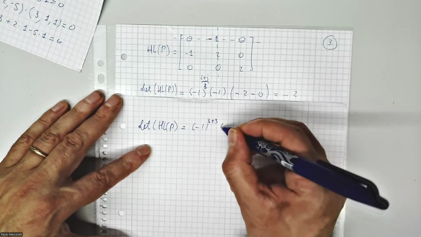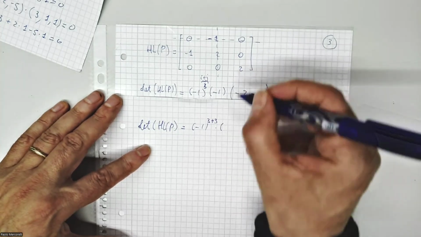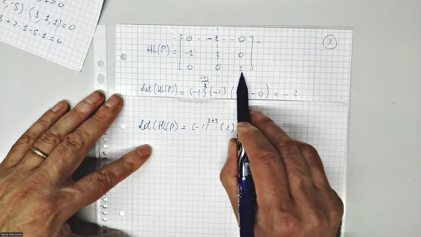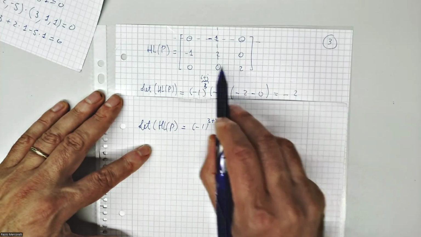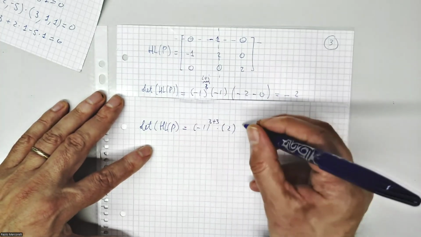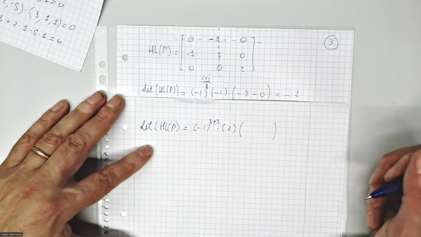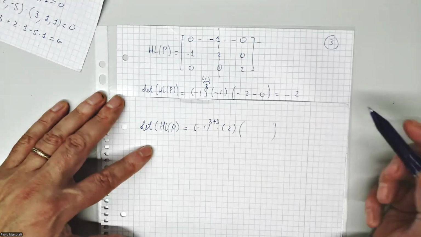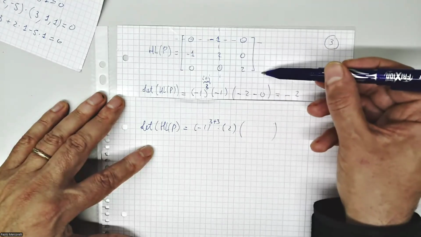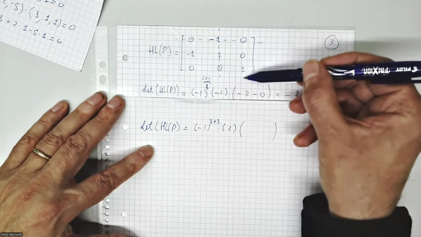Which multiplies what? The element, now is 2. Aij is this here, 3, 3. 3 row, 3 column. Now, look at the determinant of the minor, excluding this row and this column.